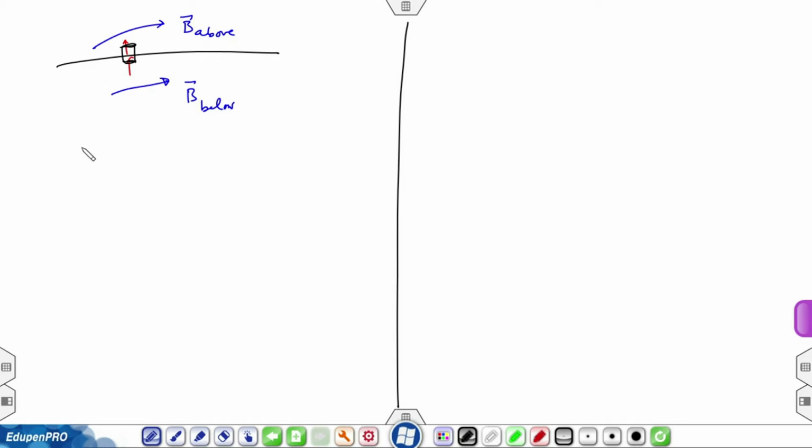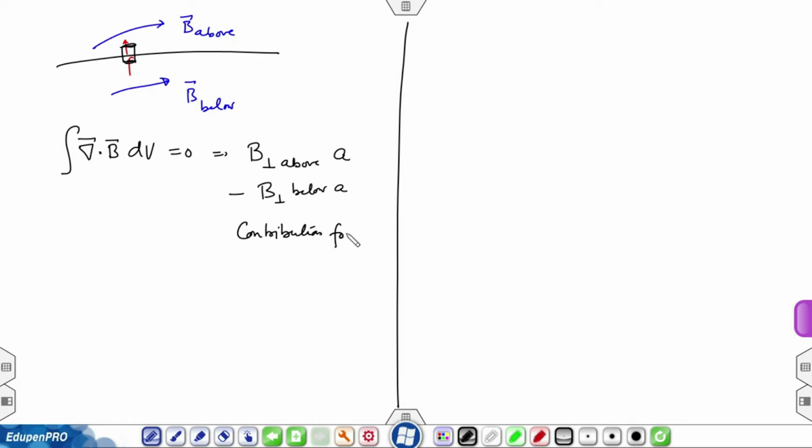Then I have divergence of B dV over this box equal to 0, and this will be equal to B perpendicular above times the area minus B perpendicular below times the area, and some contribution from the sides.